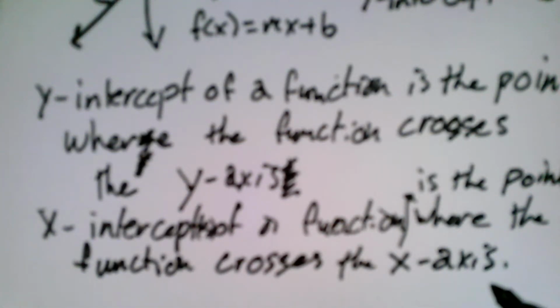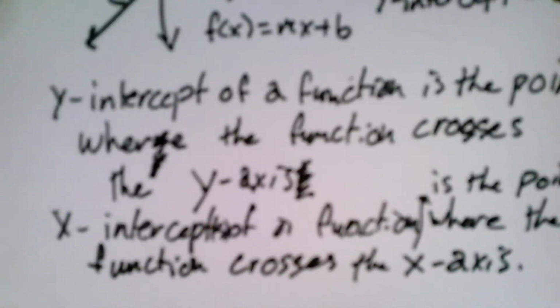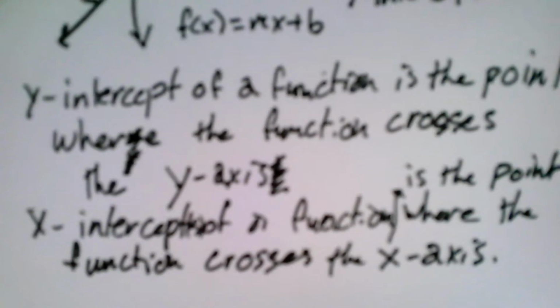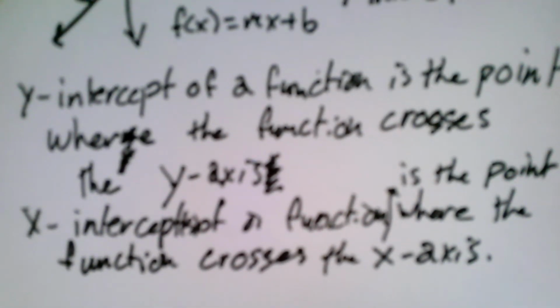It's also called the intercept because that's where the function intercepts the axis, where it crosses the axis, where it touches the axis. So there are terms that we need to know, but the reason that the terms are what they are isn't necessarily very complicated.